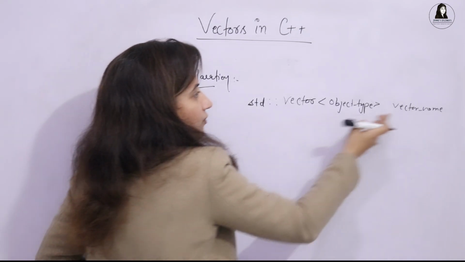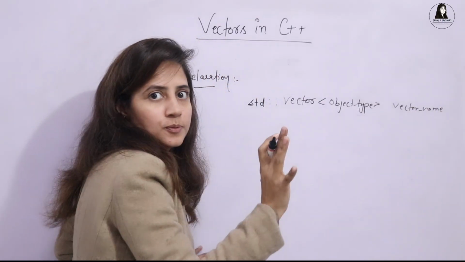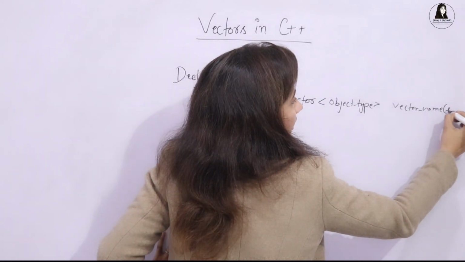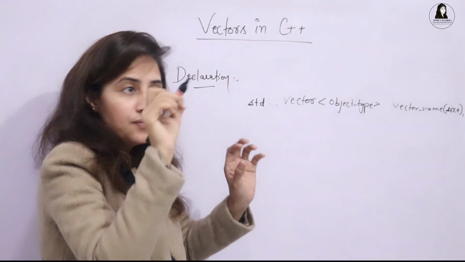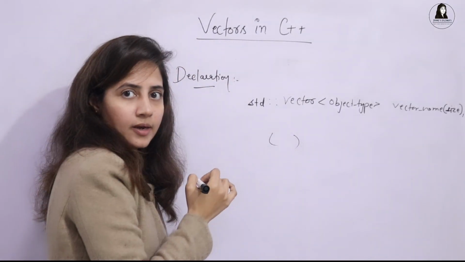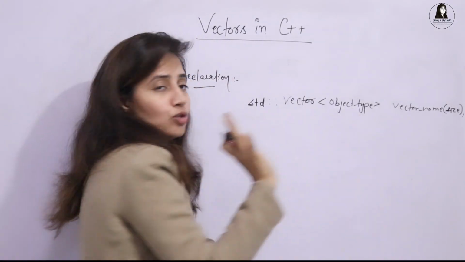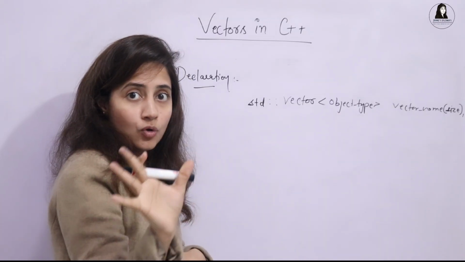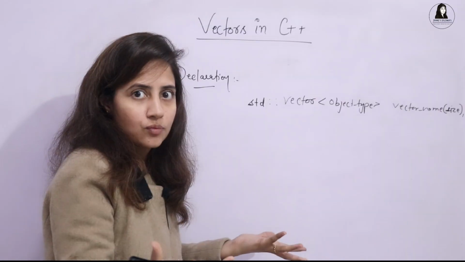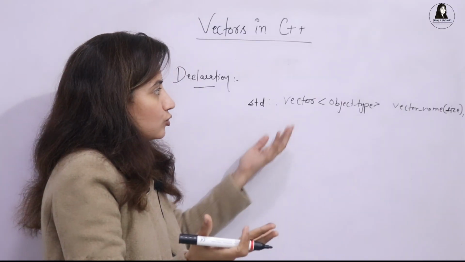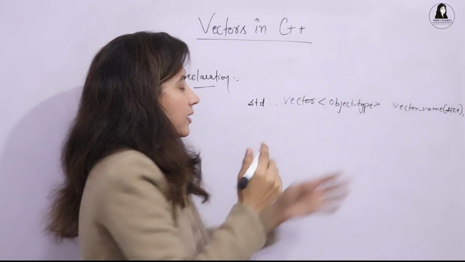Object type, vector name, and size is optional. Here I am writing the complete syntax, so I am writing size as well in brackets. The size is optional. You don't need to give size if you don't want to, it's okay. And if you want to declare a vector with size, then you can give it. So vector, here the type, here the vector name.